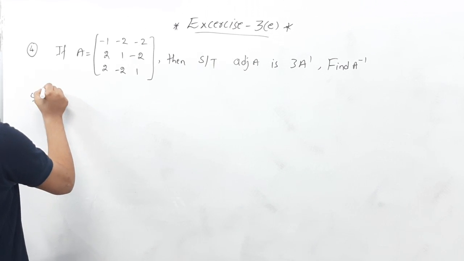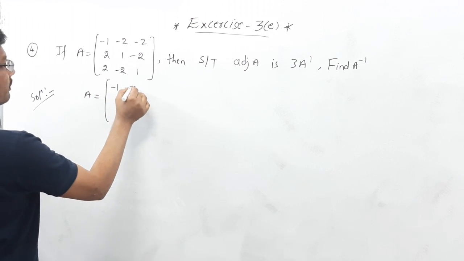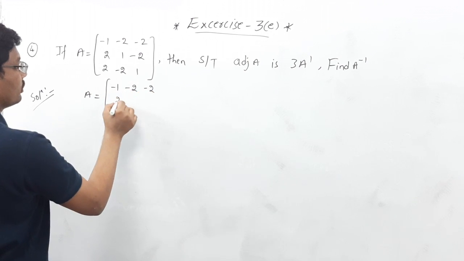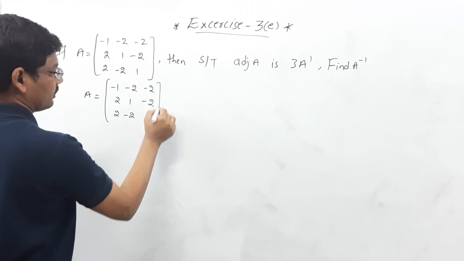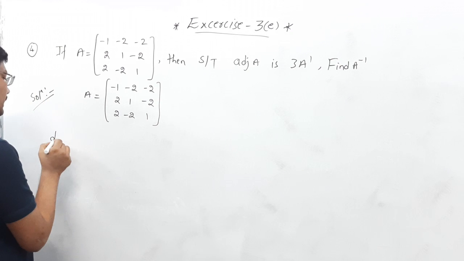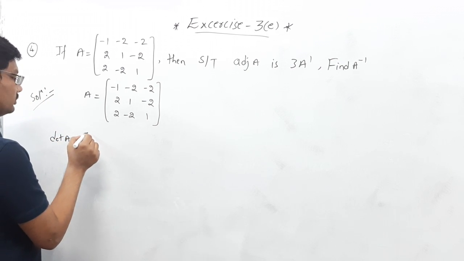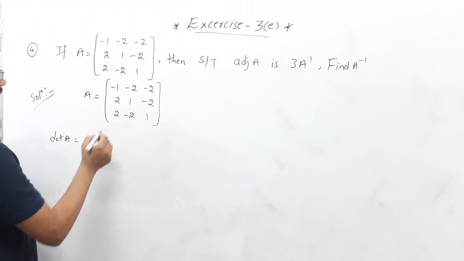Solution. Given that A is equal to minus 1, minus 2, minus 2, and 2, 1, minus 2, 2, minus 2, 1. This is the given matrix here, and I am finding determinant for this one. Det A is equal, I am finding adjoint of A here first.